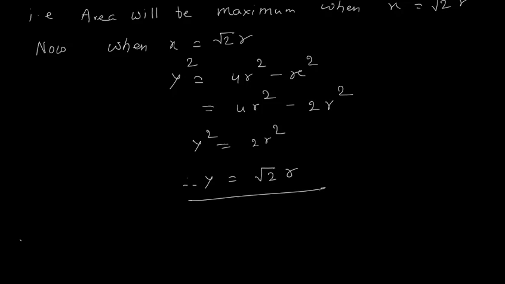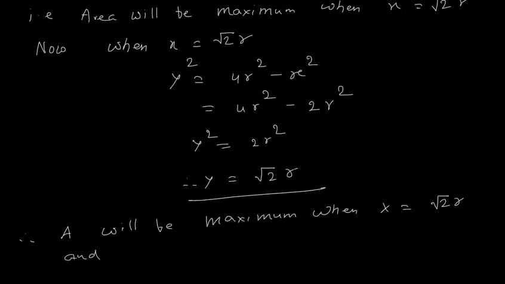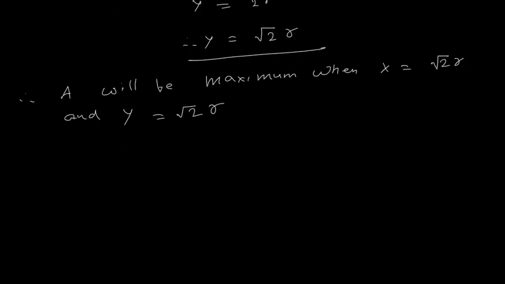Therefore area will be maximum when x is root 2 r and y is root 2 r. That is, area will be maximum when triangle ABC is isosceles triangle.